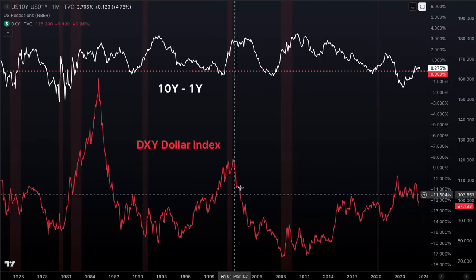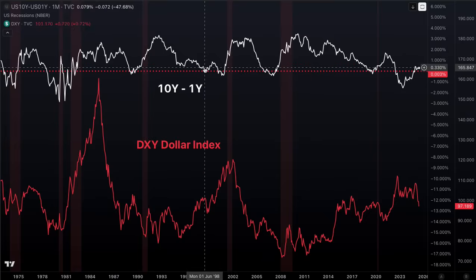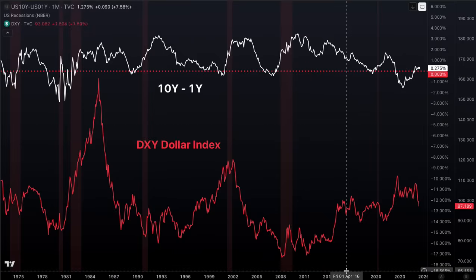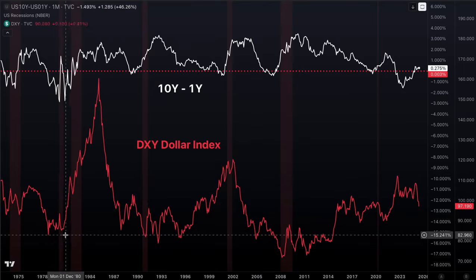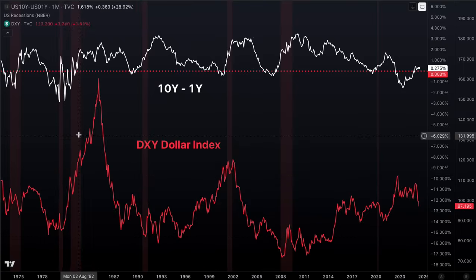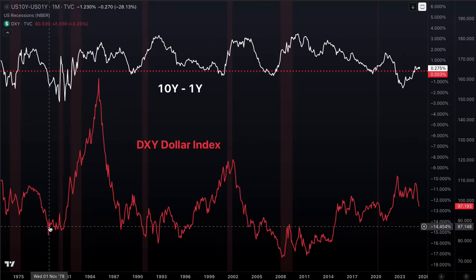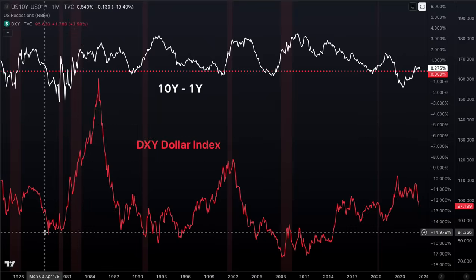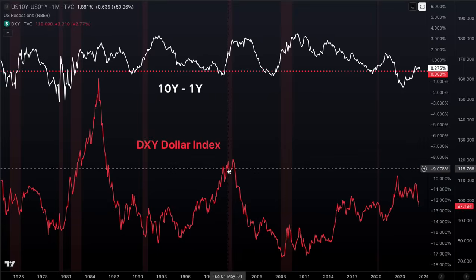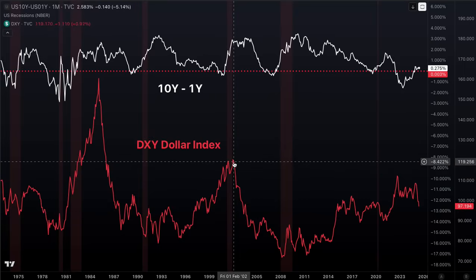I do want to just briefly note here we have again the spread between the 10 and the 1 year. Here we have the DXY dollar index. Generally, as the reserve currency issuer of the world, we actually see dollar strength during recessions. We can see, especially the double dip recession, we got mega dollar strength. This is generally not what you see in the vast majority of economies.